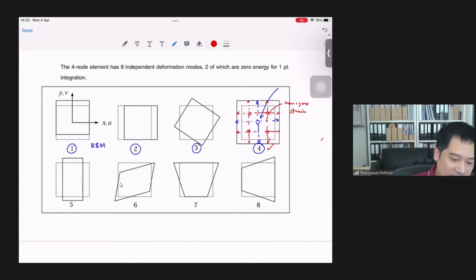Okay. Now, what about this fifth mode? If you use 1-point rule, then you see that strains are also non-zero, right? In this direction and this direction.